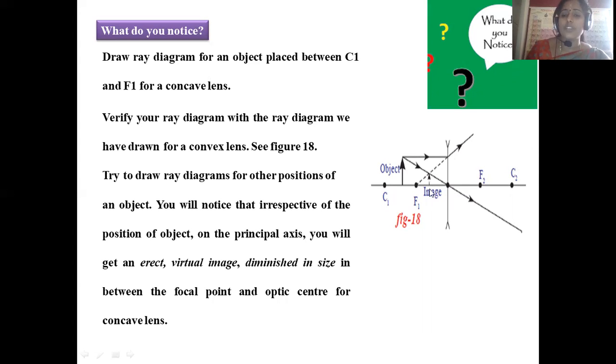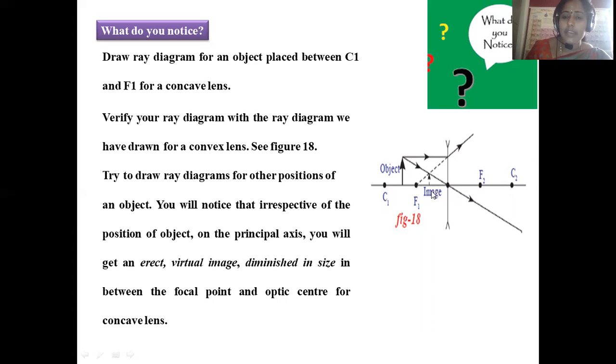One is parallel with respect to the principal axis. The second passes through the optical center. Try to draw the ray diagram for the position of the object. You will notice that irrespective of the position of the object on the principal axis, you will get an erect, virtual, diminished image. Here you can clearly observe the image formed in between the focal point and the optical center.